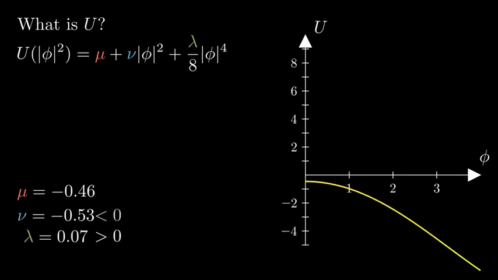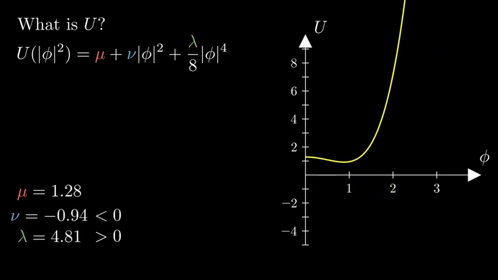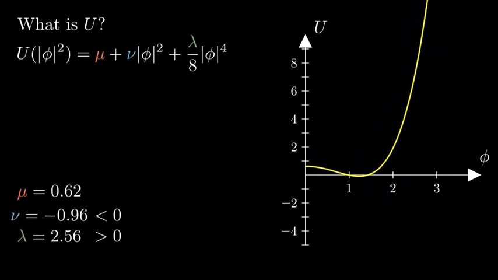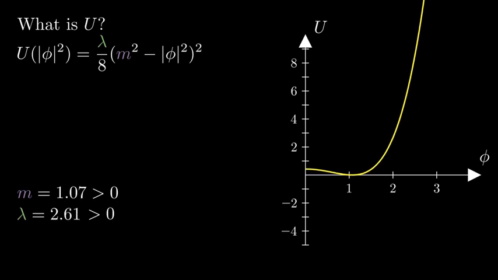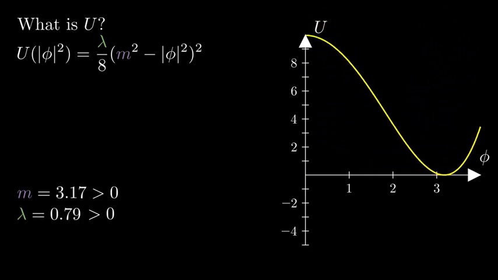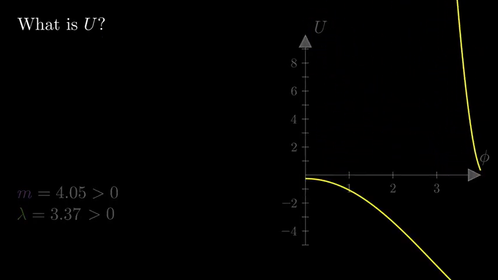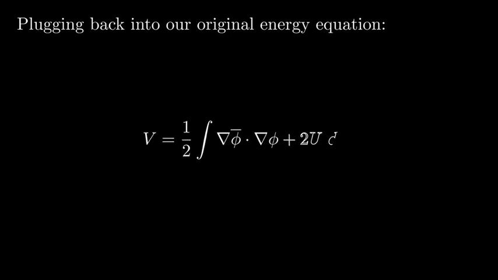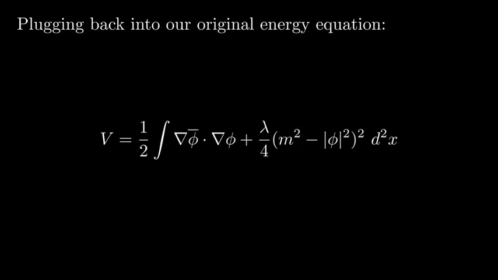We can then rewrite this quartic as U of the absolute value of phi squared equals lambda over 8 times m squared minus the absolute value of phi squared, squared. Plugging back into our original energy equation, we get that V equals half times the integral of the gradient of the conjugate of phi dot producted with the gradient of phi, plus lambda over 4 times m squared minus phi squared, squared.